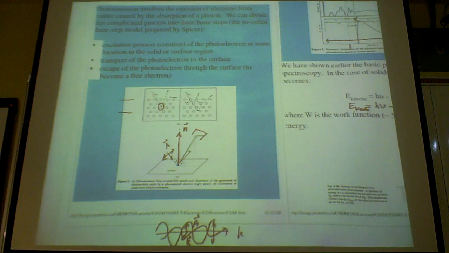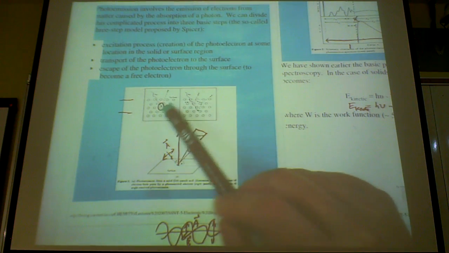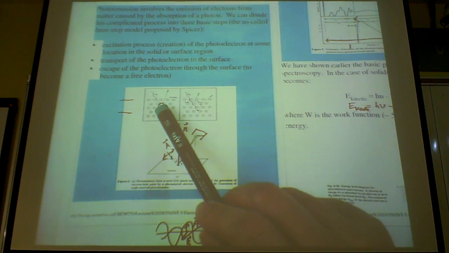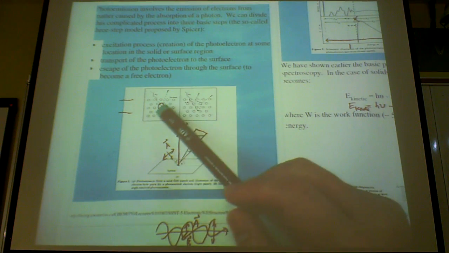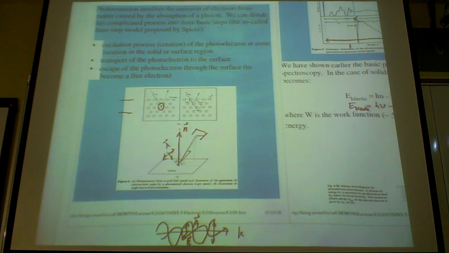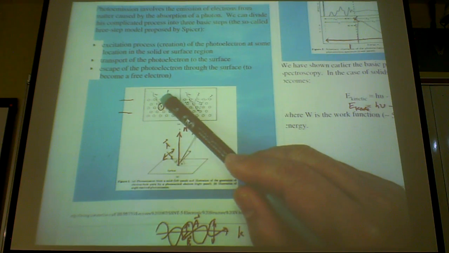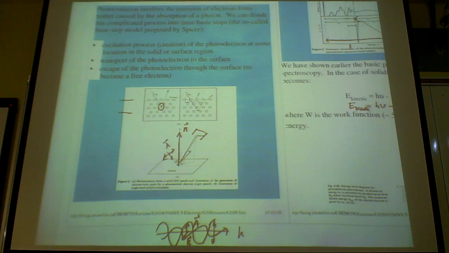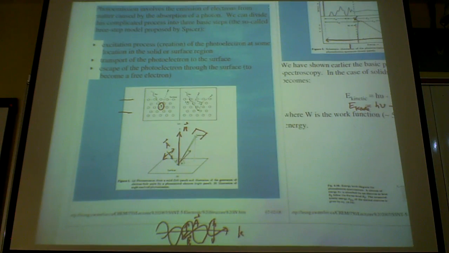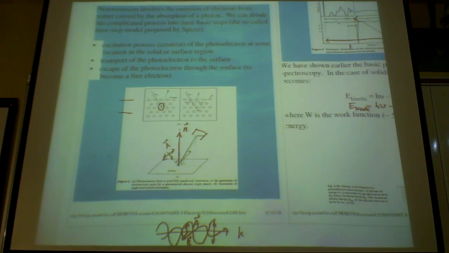The second step is that this electron must somehow move from the source of the photoelectron, the excitation point, to somewhere on the surface. So you have to transport the photoelectron from somewhere deep to the surface. Of course, this transport gives rise to one of the key features of the photoemission technique: its surface sensitivity.